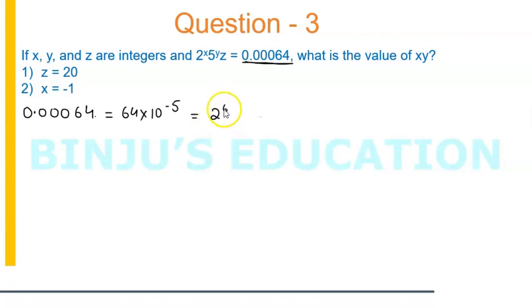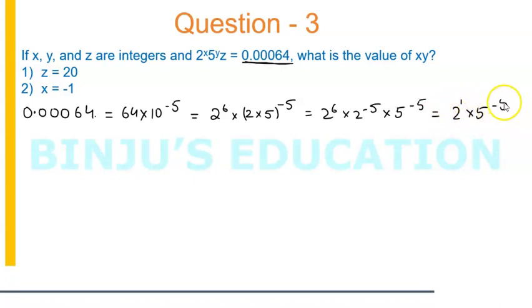This will become 2 to the power 6 into 10, which is nothing but 2 into 5, so this is 2 into 5 to the power negative 5. So this is 2 to the power 6 into 2 to the power negative 5 into 5 to the power negative 5, which will simply become 2 to the power 1 into 5 to the power negative 5. Now I am much more comfortable.